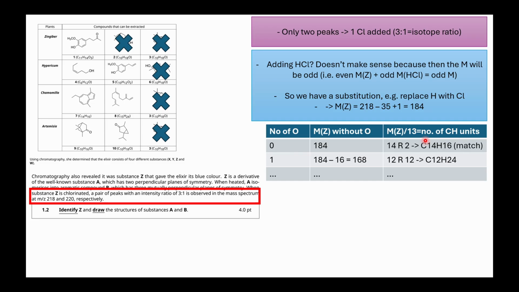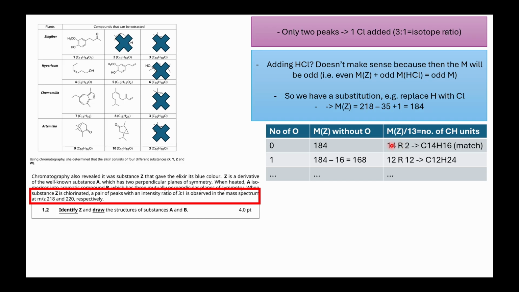So you are going to take the molar mass of the compound you're interested in, without all the heteroatoms, just the molar mass of hydrogen and carbon only. That's the molar mass you're dealing with. You divide it by 13, and that will give you the number of CH units.